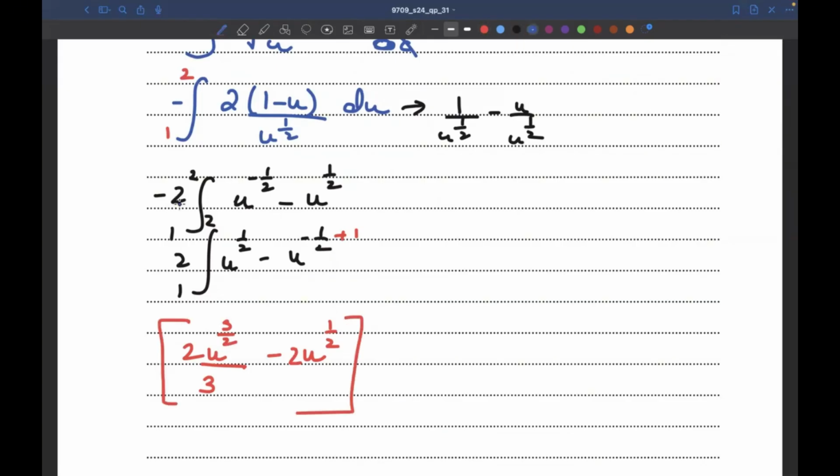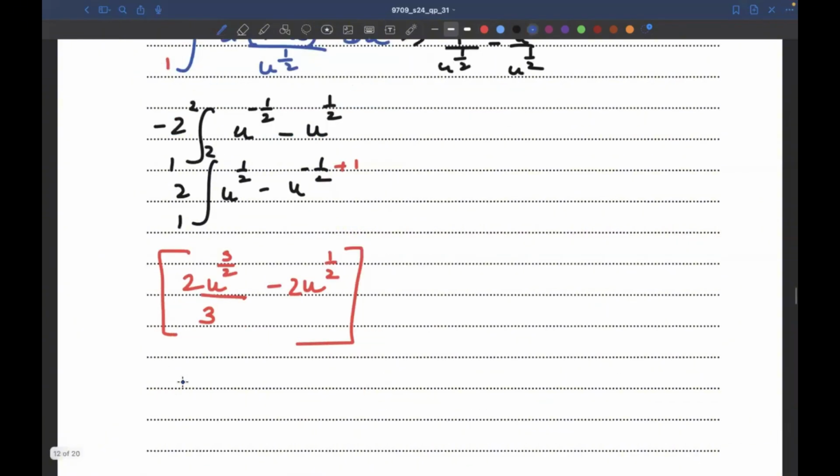So first applying the upper limit, which is 2. So this will be written as 2 into 2 to the power of 3 upon 2 divided by 3 minus 2 into 2 to the power of 1 upon 2. And then applying the lower limit, we have already multiplied by 2 over here as well.